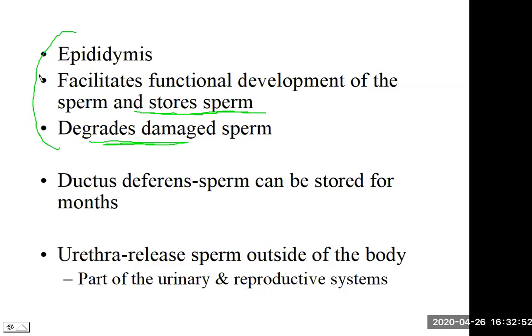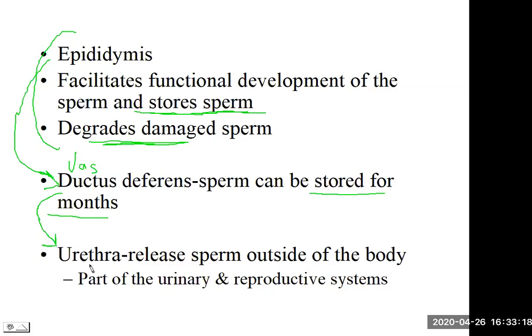And the tail of the epididymis leads right into the ductus deferens, commonly called the vas deferens. And this serves as a possible long-term storage site for sperm cells. Otherwise, sperm cells are pushed along the ductus deferens via peristalsis to the area of the urethra.